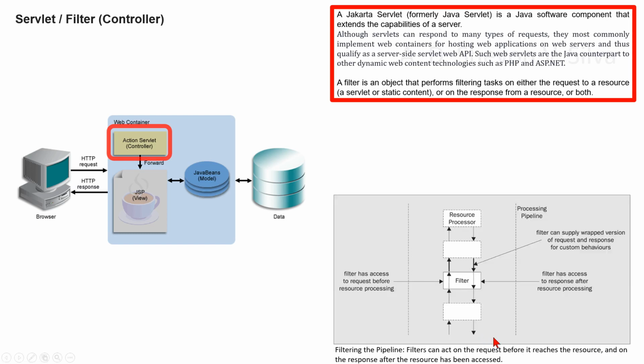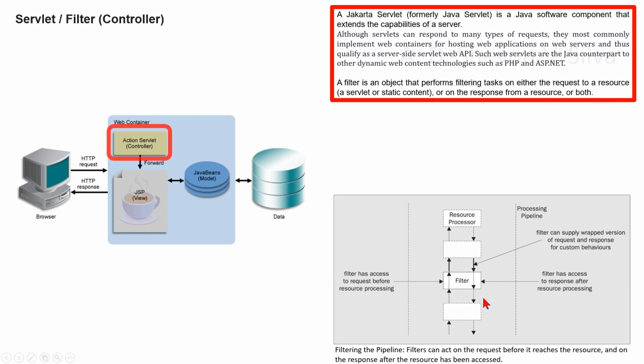Here you can see the filtering pipeline. Filters can act on a request before it reaches the resource, and on the response after the resource has been accessed. Filters enable a developer to tap into the pipeline of request and response processing.